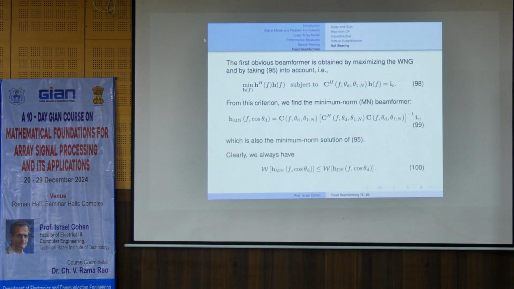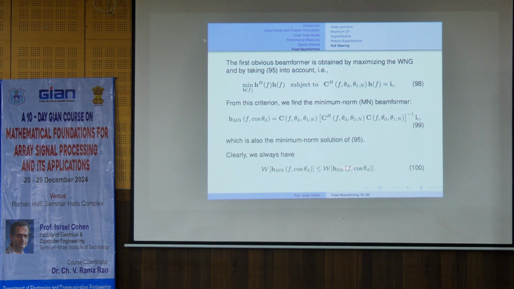So if we use only the regular constraint, we get the delay and sum, because the beamformer that achieves maximum white noise gain using this constraint, I don't even need to mention it. Once I tell you to find the beamformer, you have this constraint: distortionless response towards a desired direction. Always, when I say find the beamformer, you have this constraint of no distortion towards a certain direction.